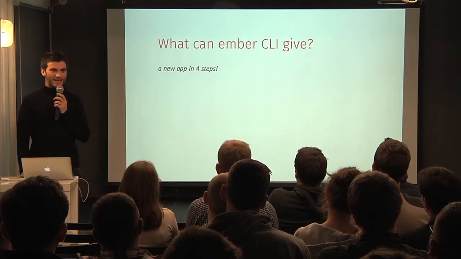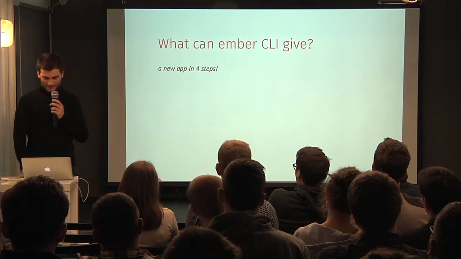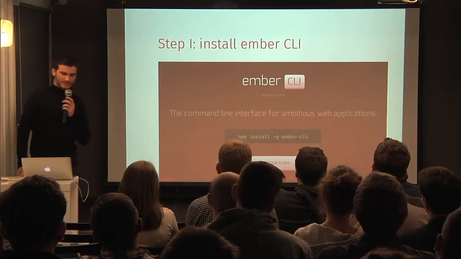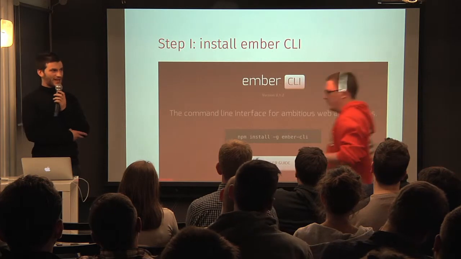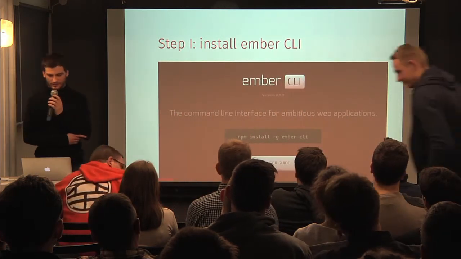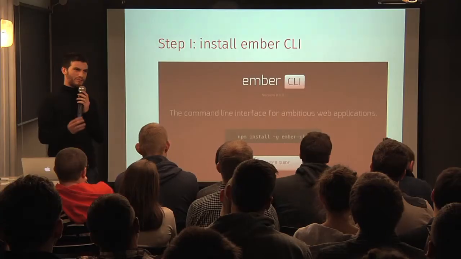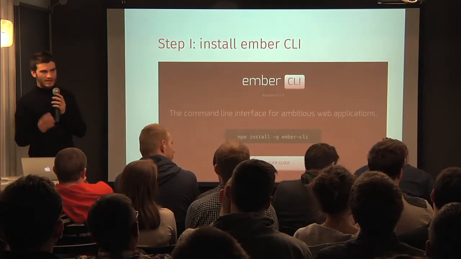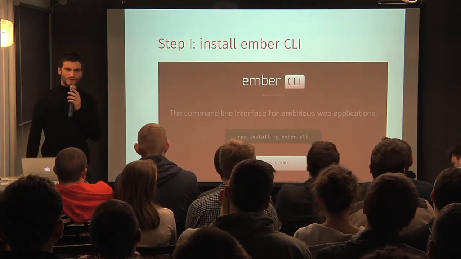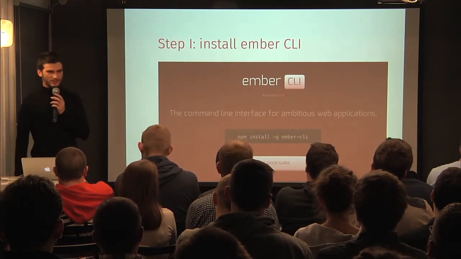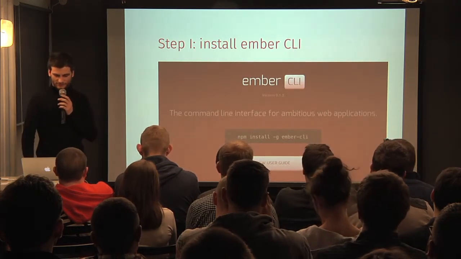So, how can we make an Ember app based on CLI in 4 steps? First, of course, we install Ember CLI. To do it, we only need to type in the terminal npm install -g ember-cli, and then we are going to have a whole app tree with all files and folders which can be interesting for us.